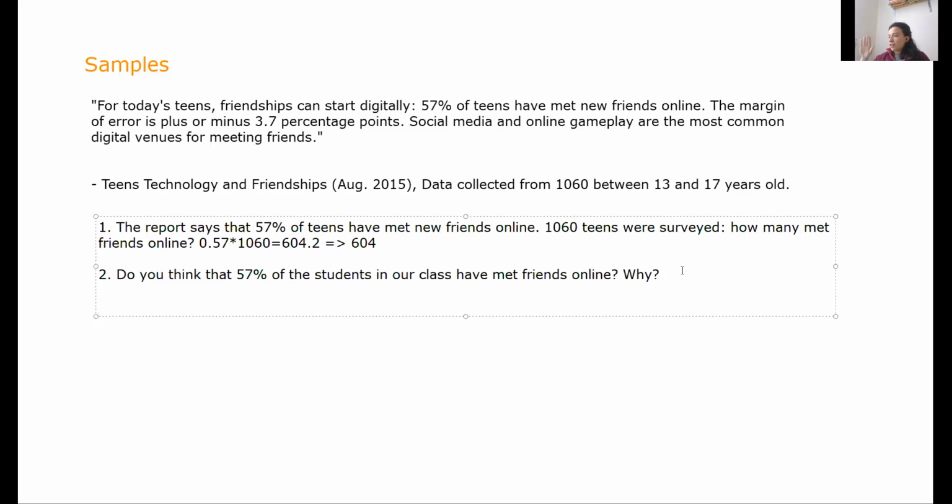Do we think, okay, so now you can lower your hand. To the question, do we think that 57% of students in our class have met friends online? I would say most likely not exactly 57%, but assuming that both the class and the sample were representative of teenagers in North America, it seems like possibly it could be close to that number, right?